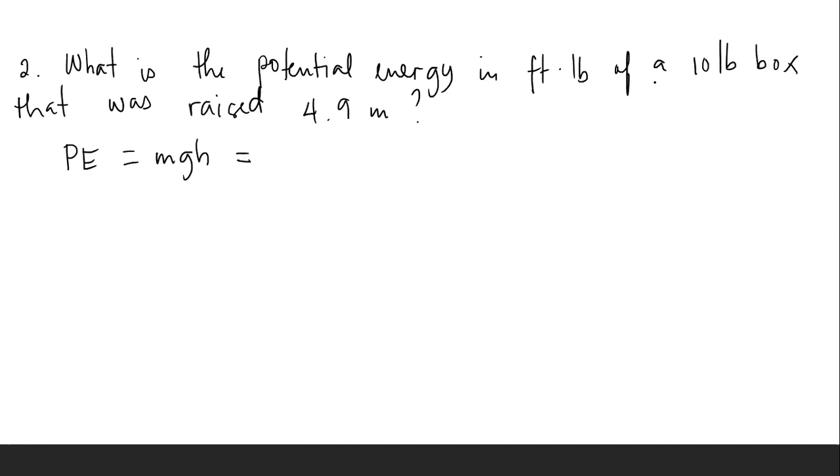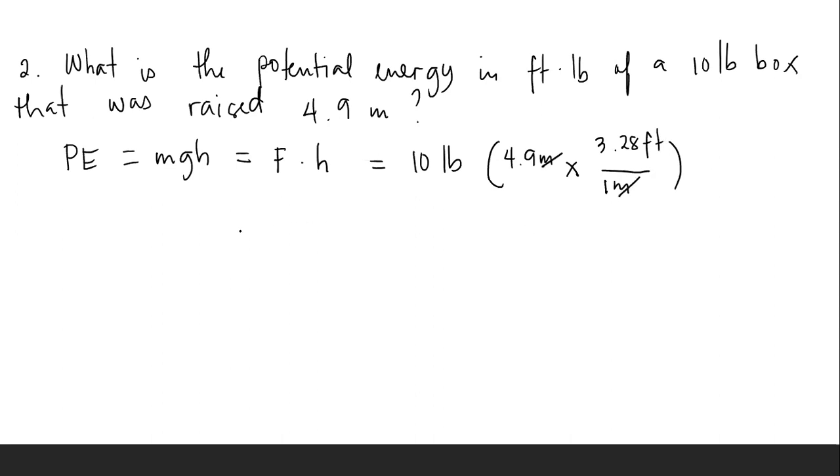Since we have 10 pounds, this is now the force, so PE equals F times h, which is 10 pounds multiplied by 4.9 meters. Convert: 1 meter is equal to 3.28 feet. Cancel meter, we have foot-pounds now. Therefore, potential energy is equal to 160.72 foot-pounds.